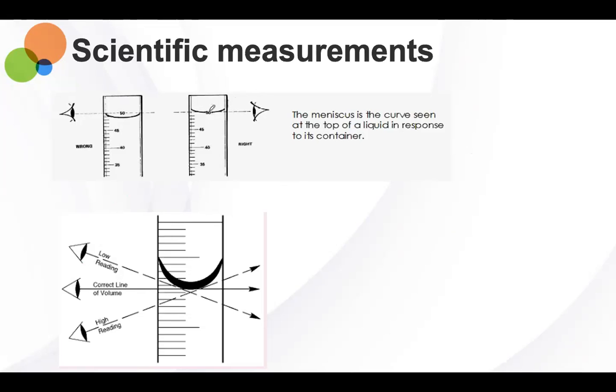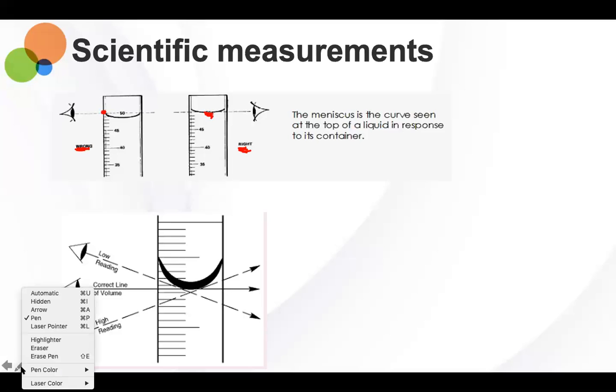When we do exercises face to face, I will show you that there's a curve here. The right way to do it is by reading at the bottom of that curve, not at the top. This is wrong. So don't read at the top, you should read at the bottom. All right?